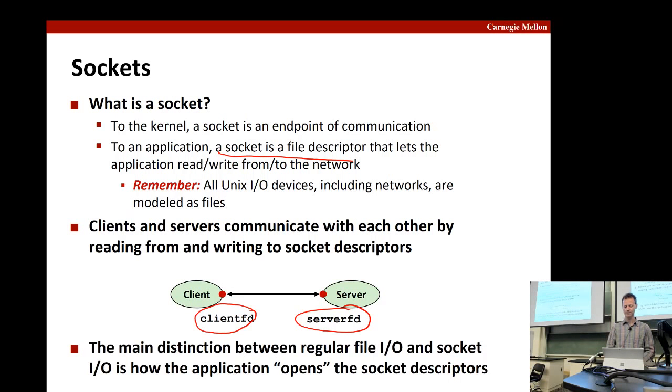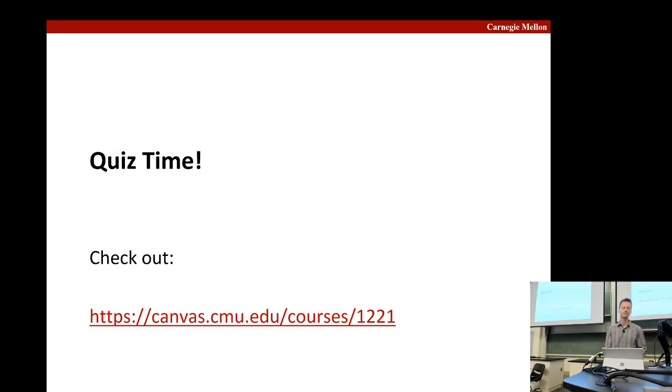The main distinction between regular file I/O and these sockets is that there's a slightly different convention for how these things get opened. For a file, you just say open, and close. But here, because we're going across different hosts, there are more steps involved, and we will see that later in this lecture. Okay, now we're ready for the quiz.